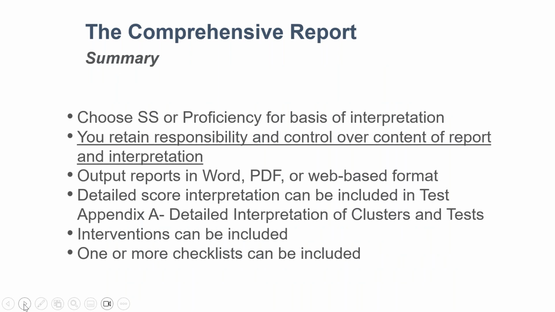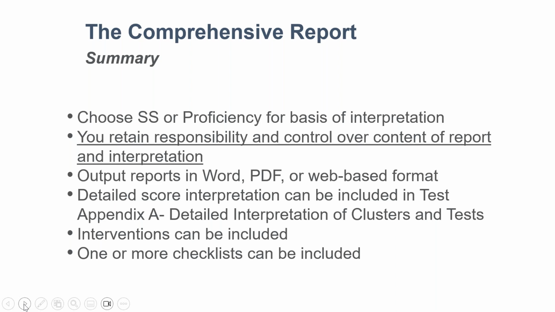So you choose which way you want the interpretation to be based, whether it's through the standard score or the proficiency. You also retain responsibility and control over the content of the report and interpretation. So again, if you want the report to include the information from the checklist, you can enter that into the system and it'll show up.